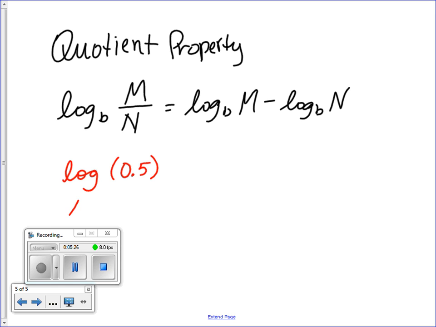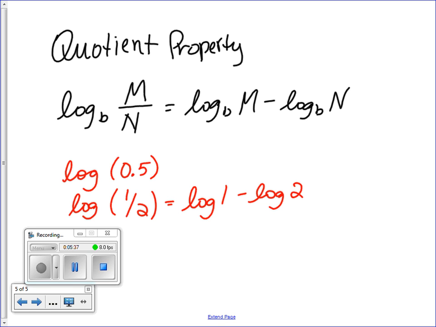Well, yeah, 1/2. So that would be equal to the log of 1 minus whatever the log of 2 is. So go to my chart. Oh, look at that. There's 2. And then I would do my subtraction, and that would be my answer.